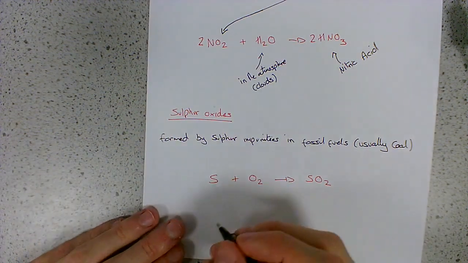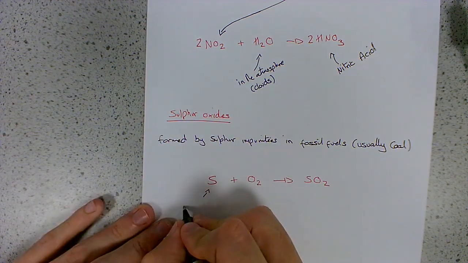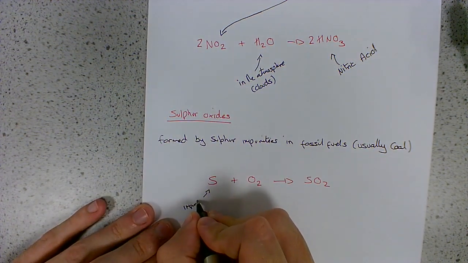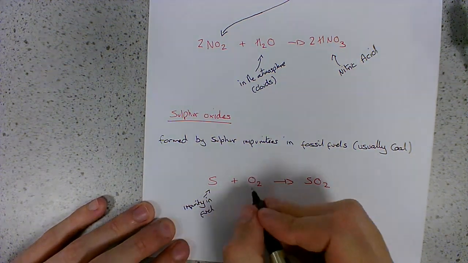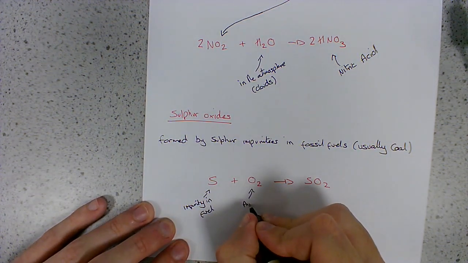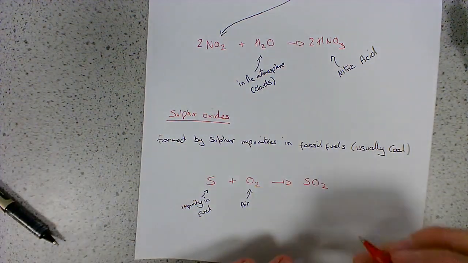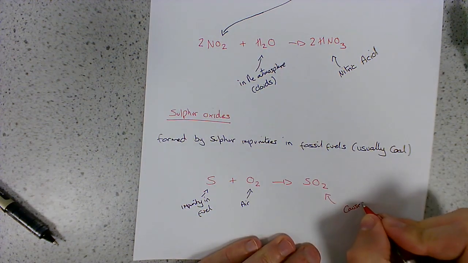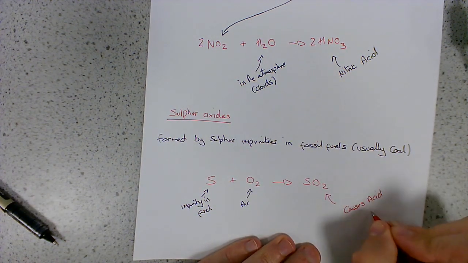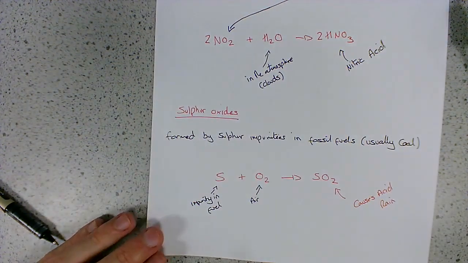And again, so we have sulfur from the impurities in the fuel. We have oxygen from the air, and we have sulfur dioxide being produced, which again causes acid rain. And it does that the exact same way as the nitrogen dioxide did.